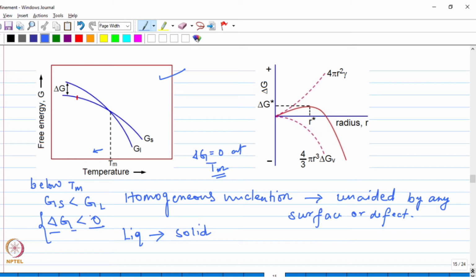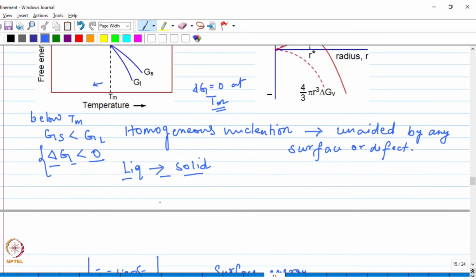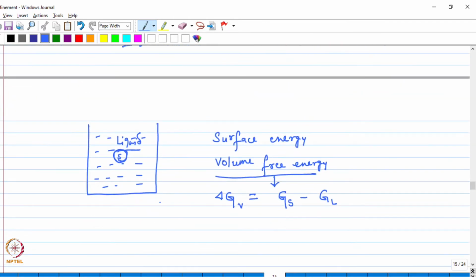Okay, so this is the driving force for this transformation to occur and the first nucleus of the solid to form, right? But as I said before, when the nucleus is forming, you are also creating a new surface, an interface is created. So for that, you actually require a positive energy for creation of that surface.